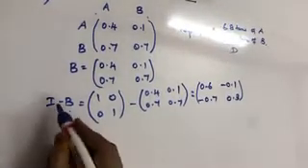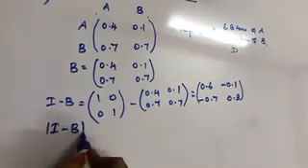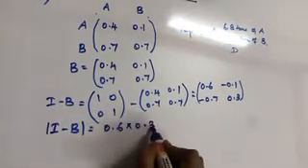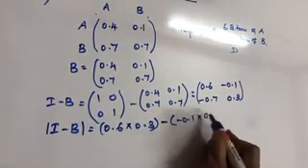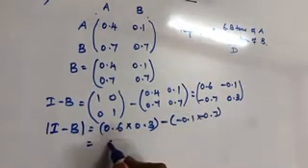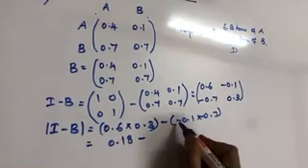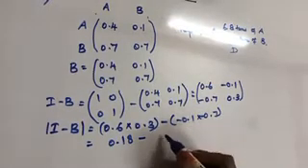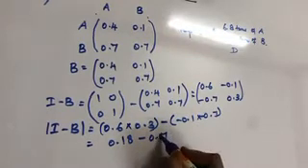Now we have to find the determinant of I minus B. That is equal to 0.6 into 0.3 minus 0.1 into minus 0.7. While multiplying, 6 threes are 18. Minus of minus is plus, 1 into 7 is 7, but with two decimal places, so 0.07.